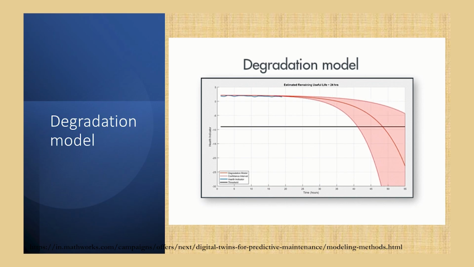So, these estimates of where this system will go change, and based on that your RUL prediction also keeps changing. In red is your degradation model, this is your confidence interval, this is your current health indicator of the system, and this is your threshold.